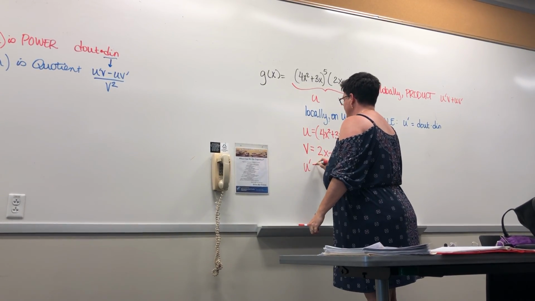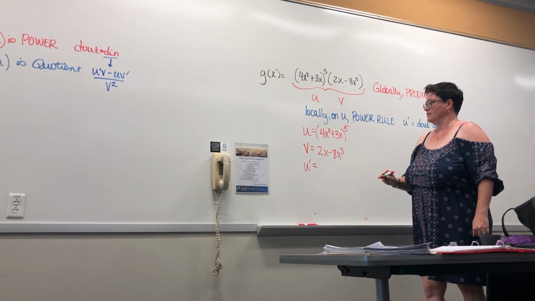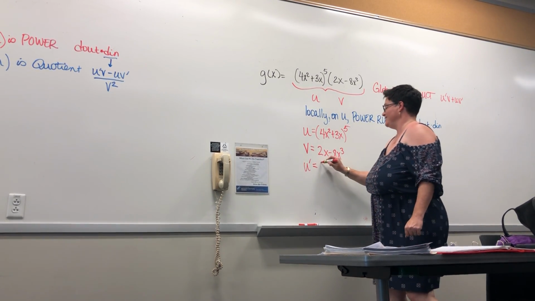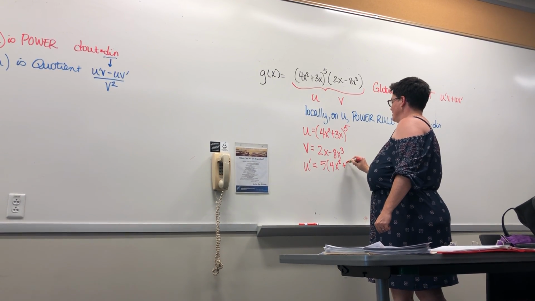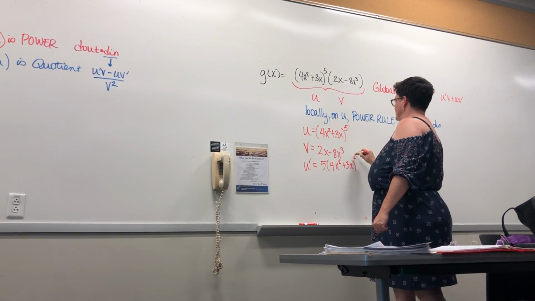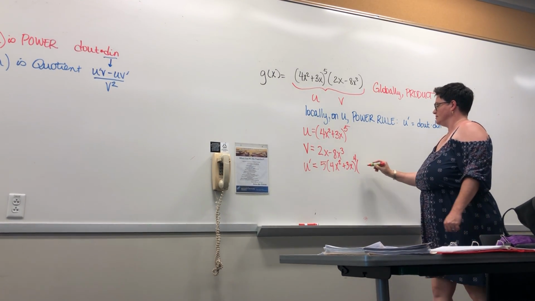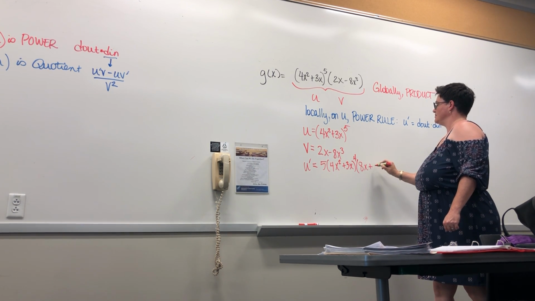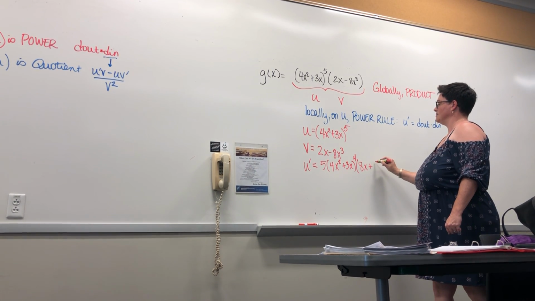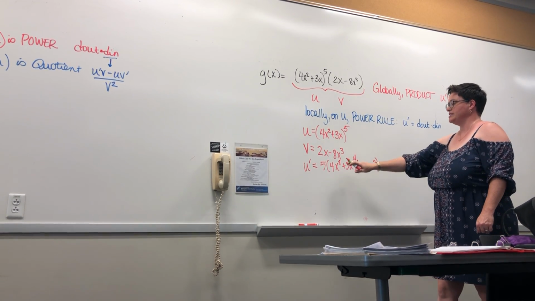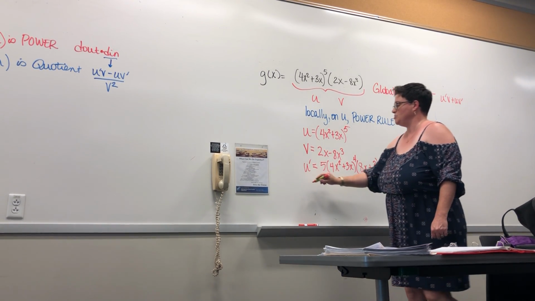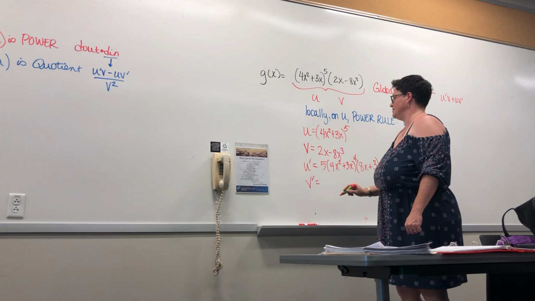What's U prime going to be? Yeah, 5 junk to the 4th times, nice. So that's where d out dn appears. And what's V prime? Just for giggles, because we need it.